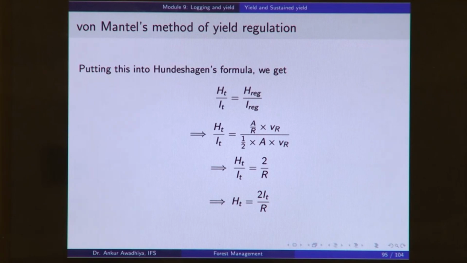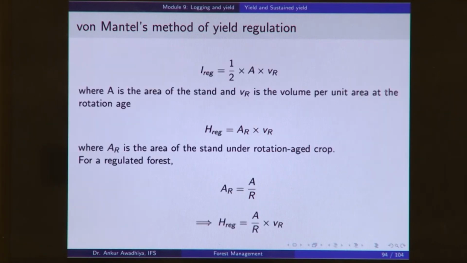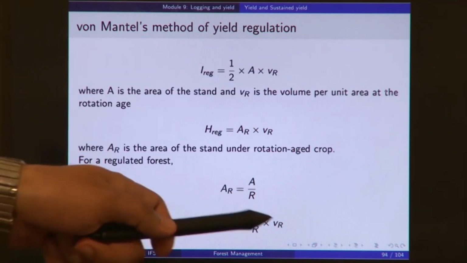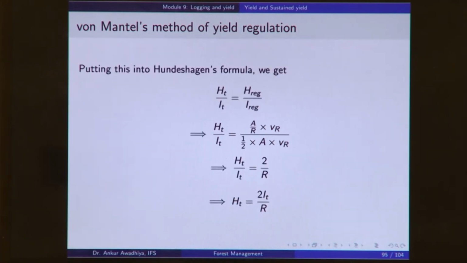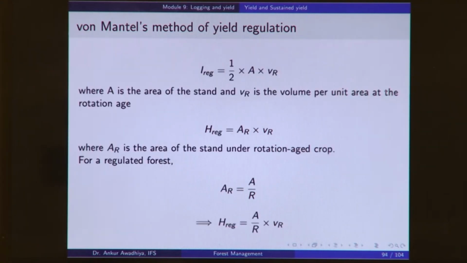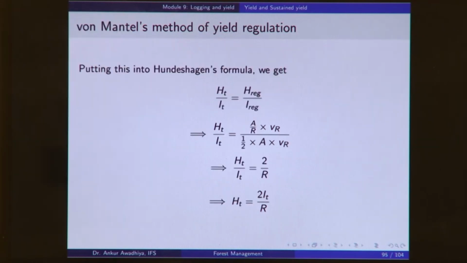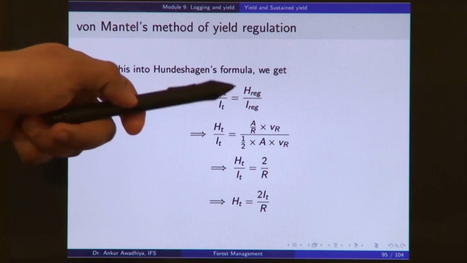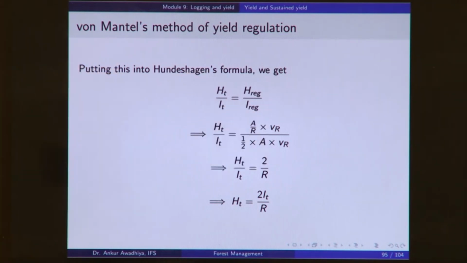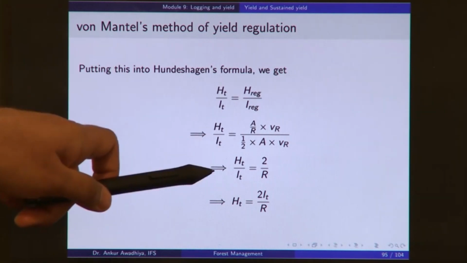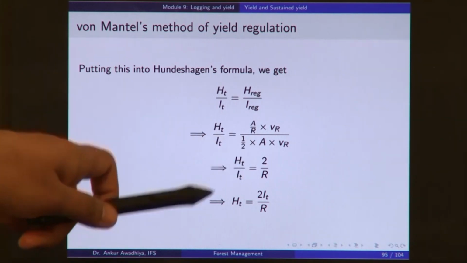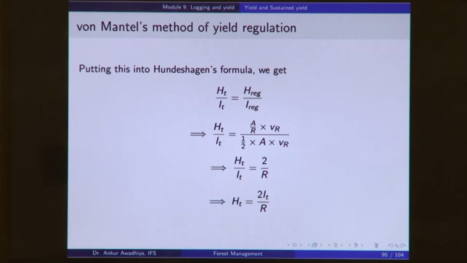H of the ideal forest is A by R into VR, and I of a regulated forest is half of A into VR. Now, A and A get cancelled, VR and VR get cancelled. So, this comes to be 2 by R. So, H by I is equal to 2 by R, or H is given by 2 into I by R.